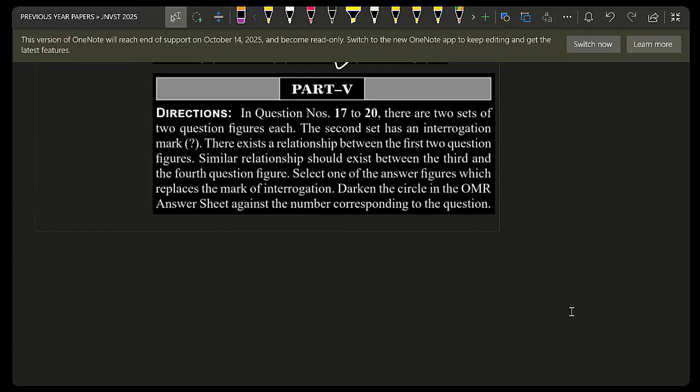There exists a relationship between the first two. So identify the relation between first two question figures. Similar relationship exists between the third and the fourth question figure, and we have to select which one should correctly match the relationship as there in the first two. So this is called analogy based questions. So we'll go through the first one.